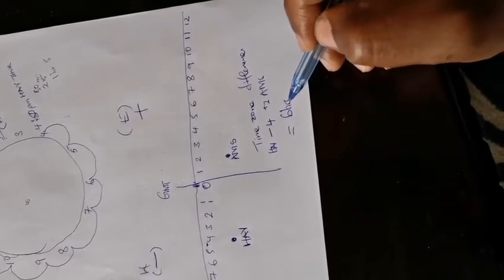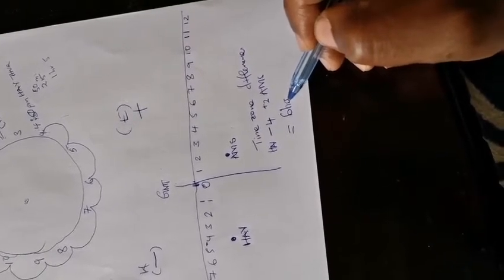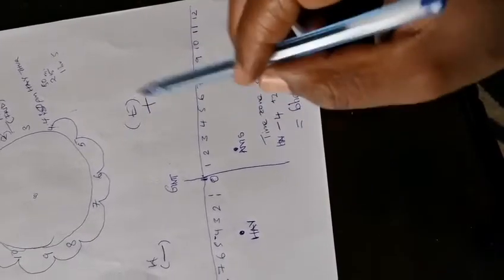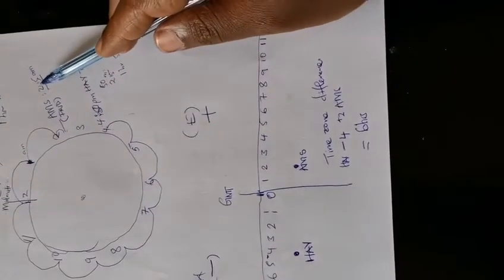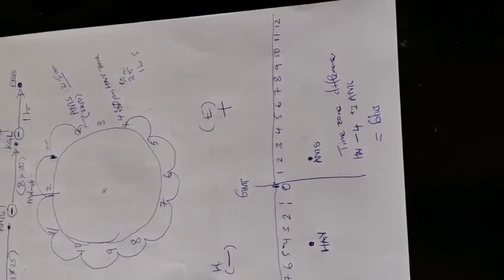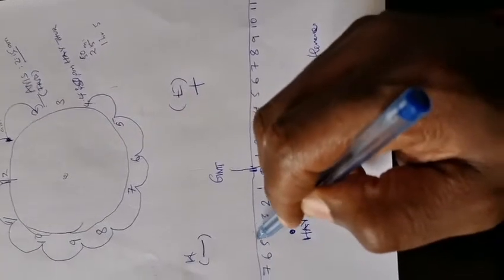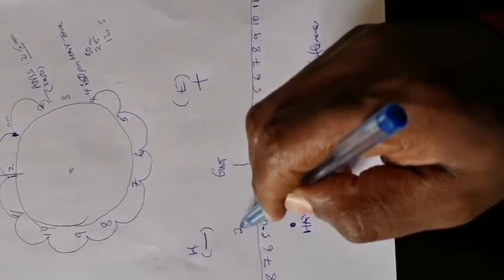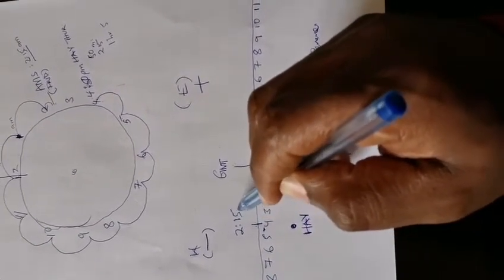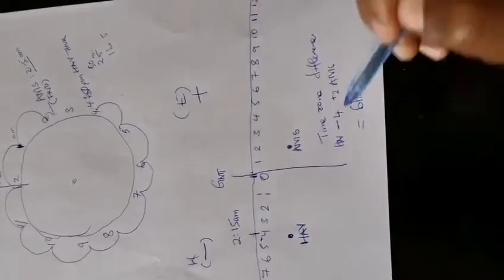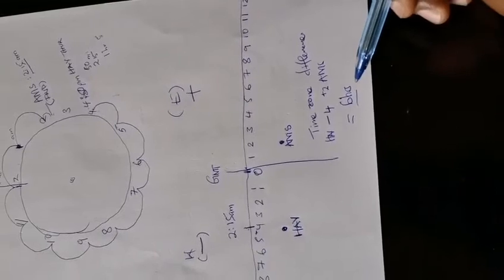Okay? So to find the time at Amsterdam when it's 2:15 Havana time, we are going to stand at this point at Havana. We mark 2:15 a.m. Okay, so we are going to move 6 hours ahead.